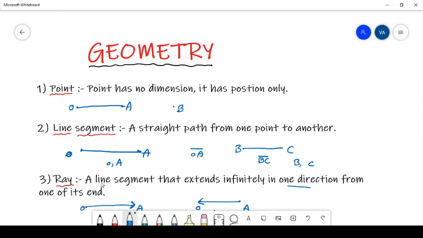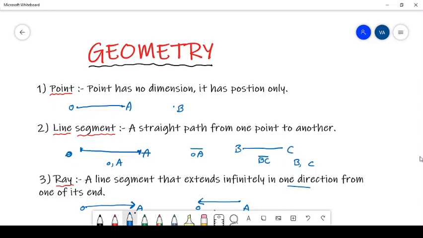Next ray. Ray is a line segment that extends infinitely in one direction from one of its ends. అంటే లైన్ సెగ్మెంట్ అన్నప్పుడు we have 2 end points. ఈ 2 end points లో extending any one side infinitely, that is the ray.